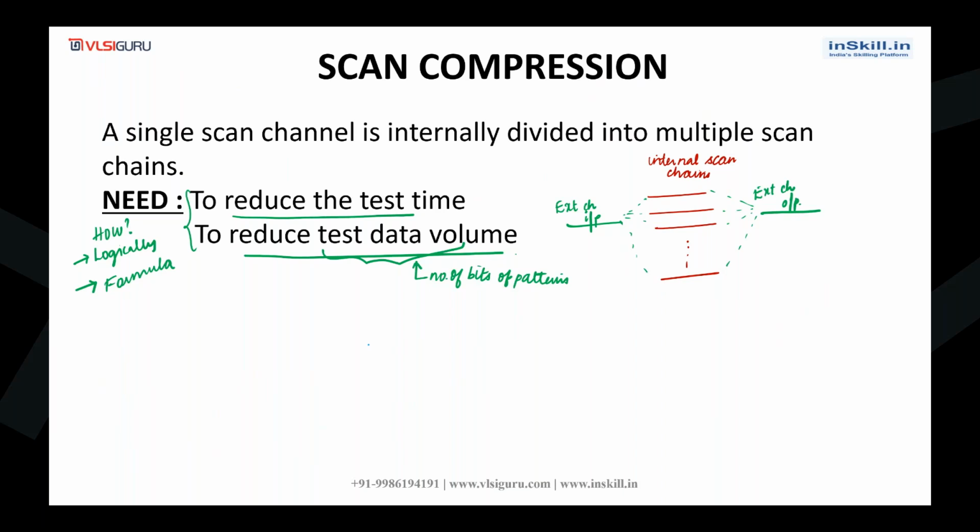The full form of EDT is embedded deterministic test.